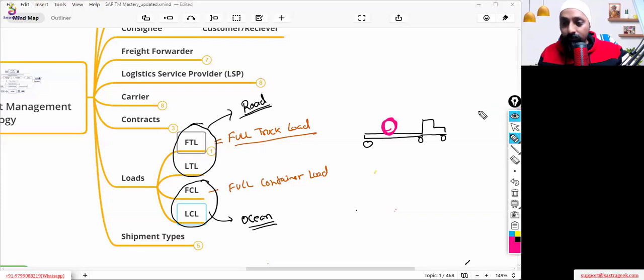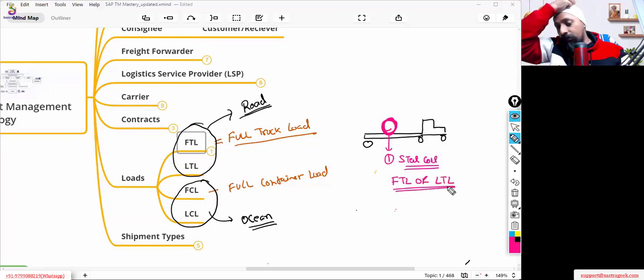I think there's some malfunction in the pen. One steel coil is there. Now, is it FTL or LTL? Answers over the chat window. Is this scenario FTL or LTL? Quickly over the chat window.